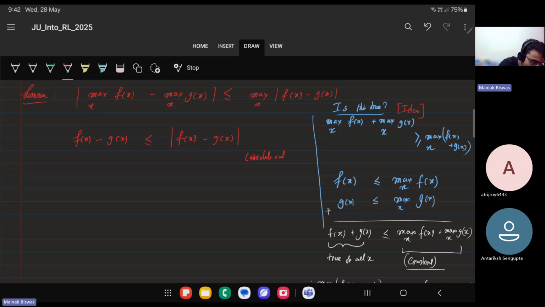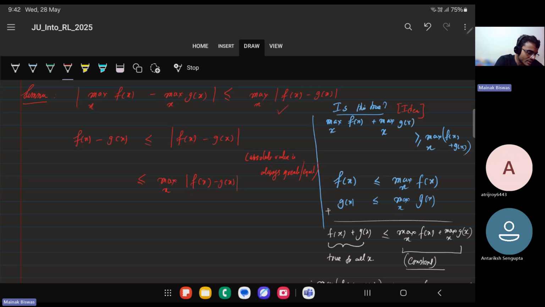Absolute value is always greater or equal. Okay, so now if that is true, the max will also be greater. Even greater. Do you agree? This is fine.